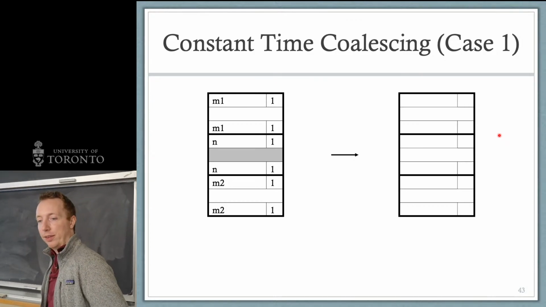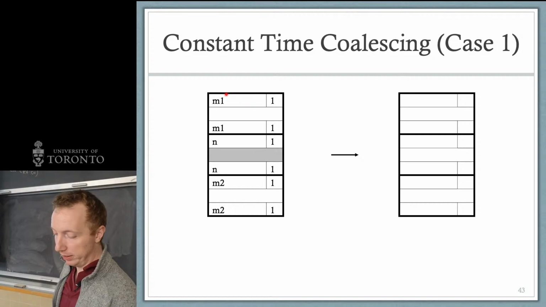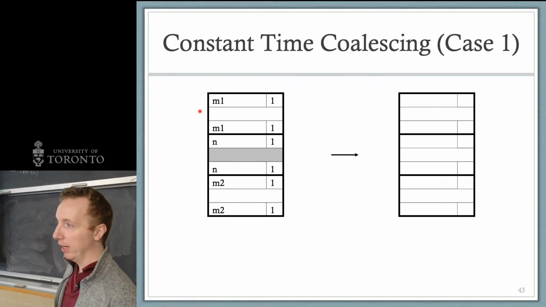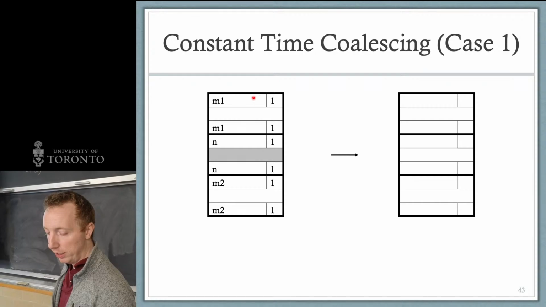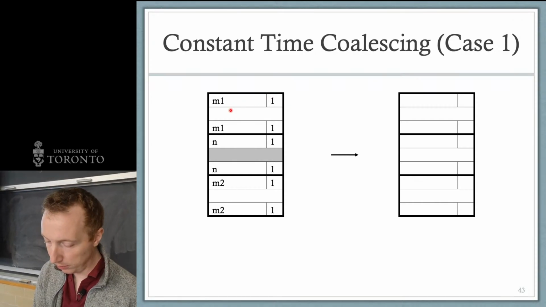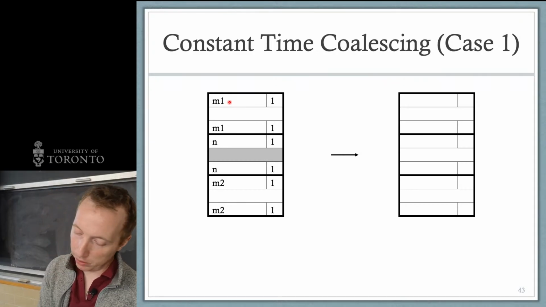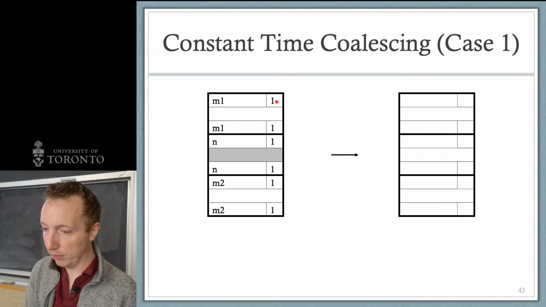So this is case 1. Here, each bolded box is a single allocation. We have one word here for our size with allocated yes or no. So here the size would be M1, and it would be allocated, so we have a 1 here.